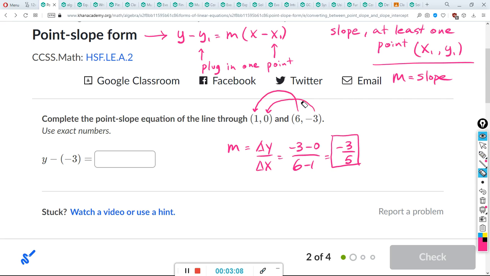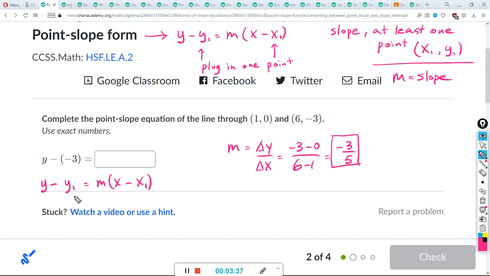Now, you have to see which point or coordinate they used for y1. Here's the formula right here. They already started it for you. That's going to be y minus y1 equals m times x minus x1.